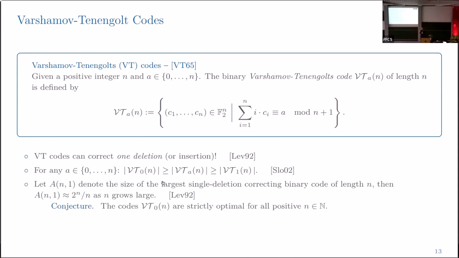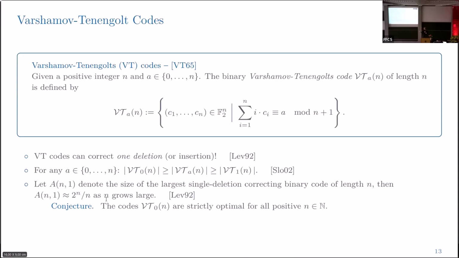He did a lot of work on that: if we denote by A the size of a largest single deletion binary code, then it grows roughly as this value here, as n grows large. And we want to have optimal codes in this sense. There is a conjecture that VT codes with 0 checksum are optimal for any positive integer. It's a conjecture because it has been shown for some values, but not mathematically proved for all of them.